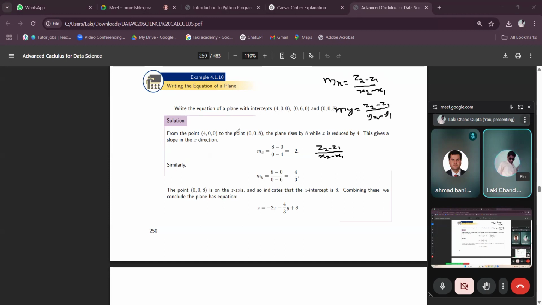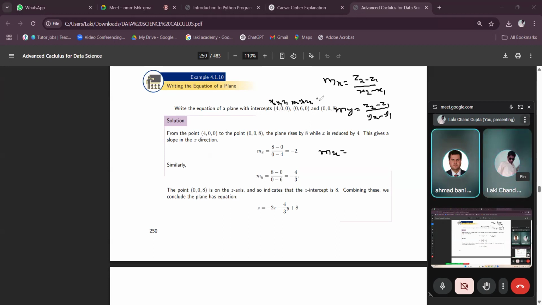This is important. And what is x1, x2? This is x1, y1, z1, and x2, y2, z2. So mx will be what?